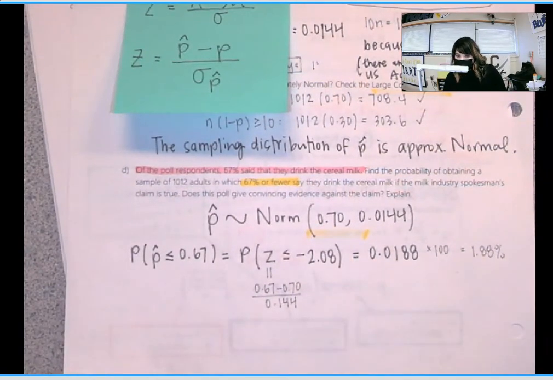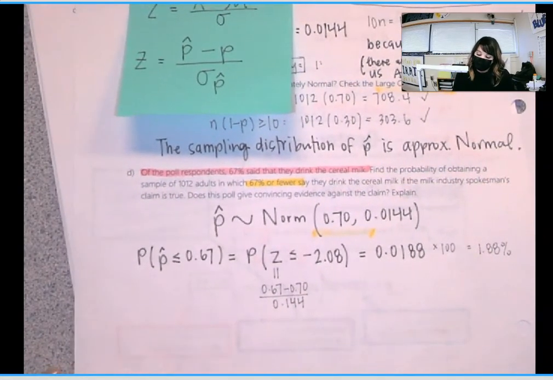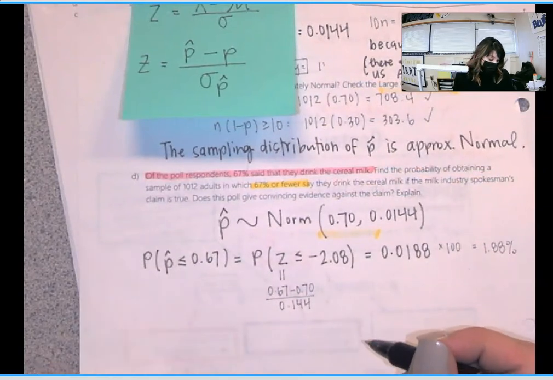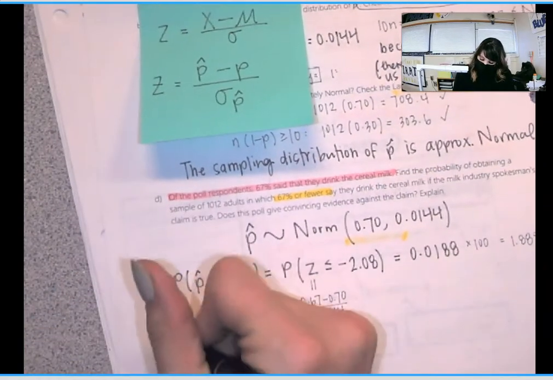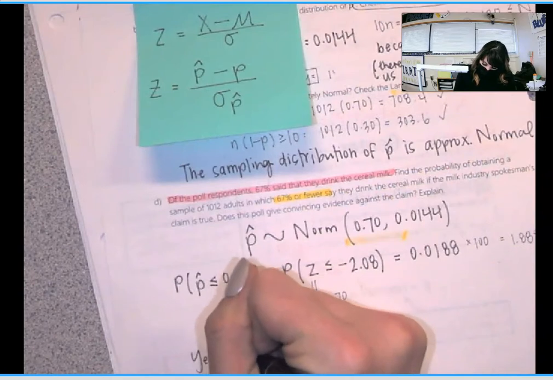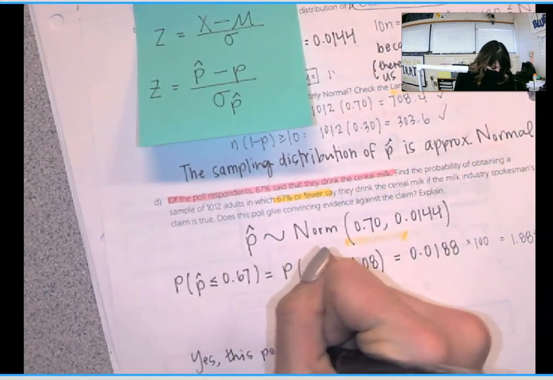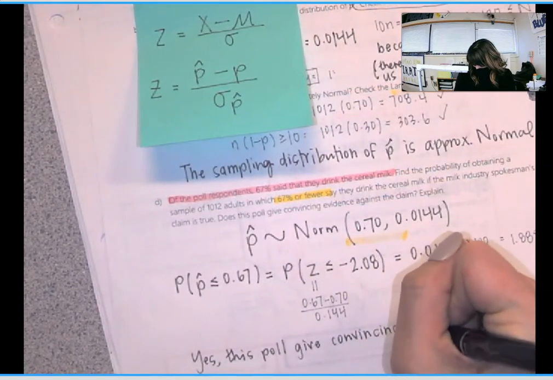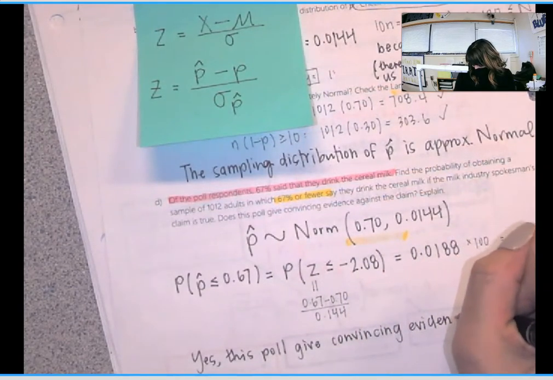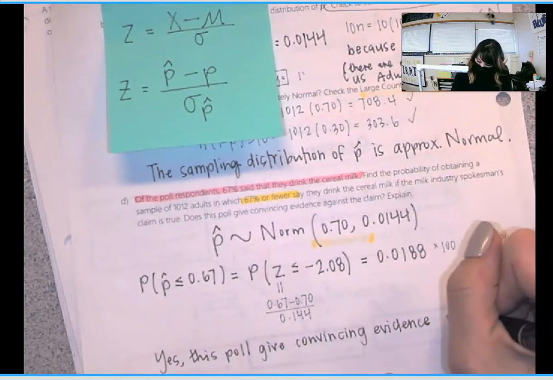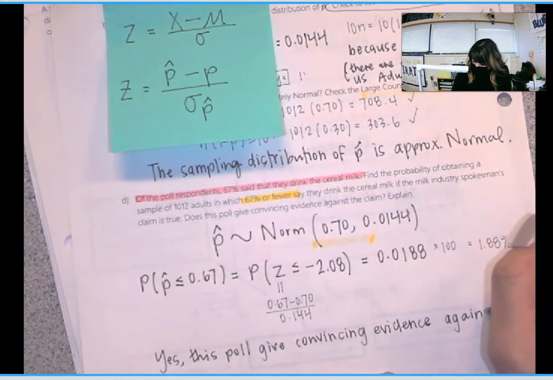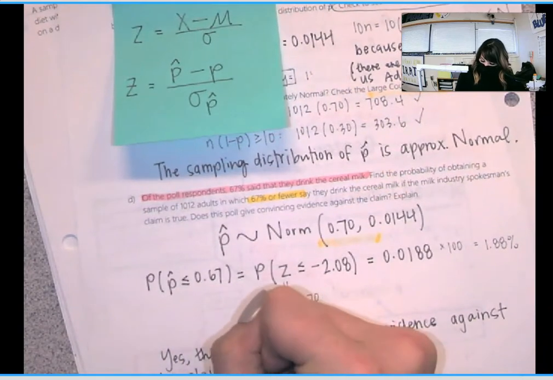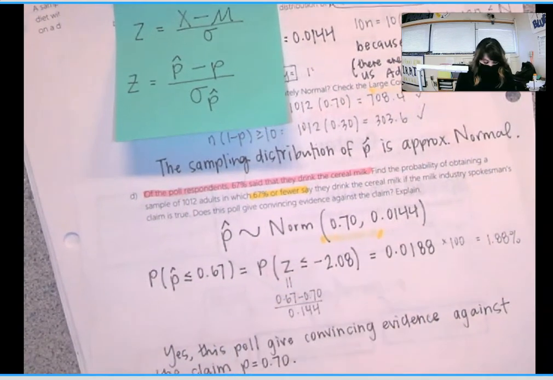So here's how we write that, and this is the last thing for this part of our lesson. We're going to say yes. This poll gives convincing evidence against the claim. And the claim is p equals 0.70.